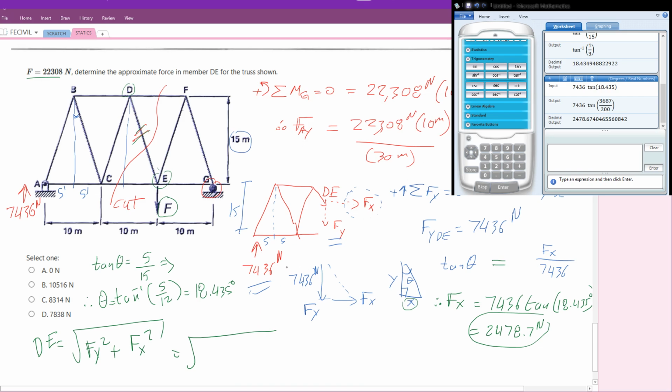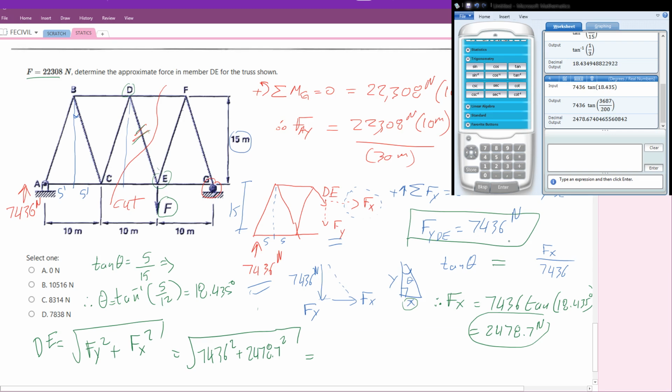They are equal right here, so I'm going to use this one. So we have Fy, which is 7436 newtons squared, I'm going to leave the units for now, plus 2478.7 squared.